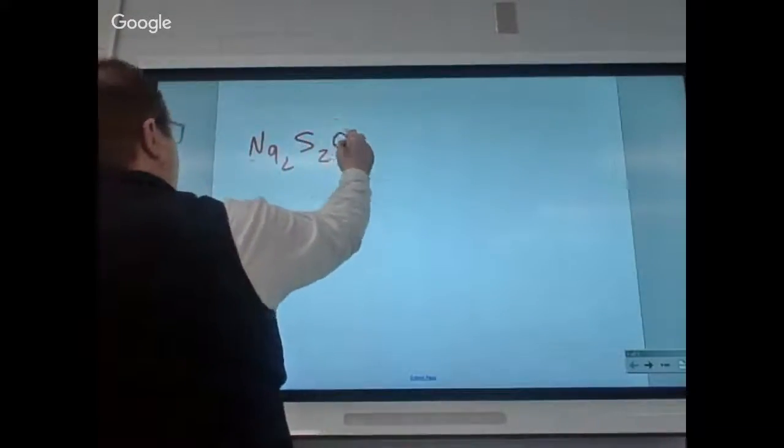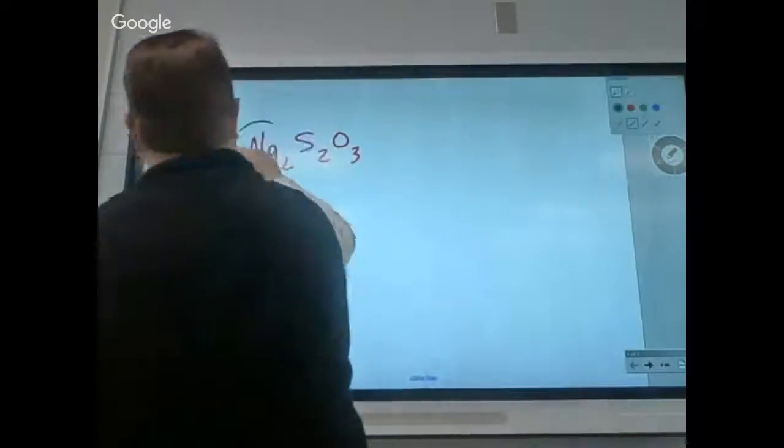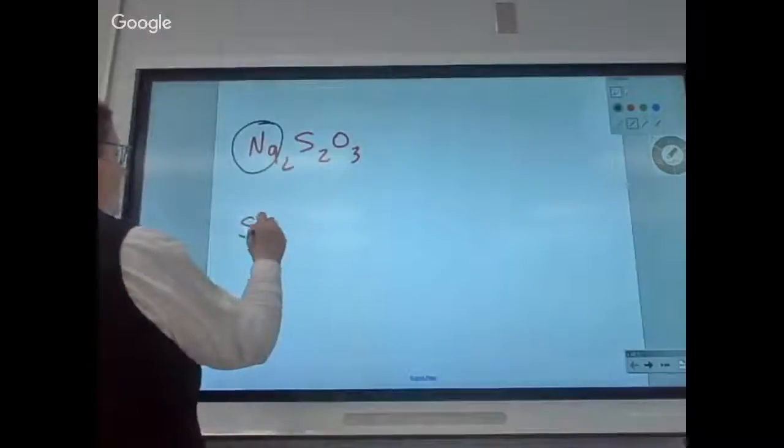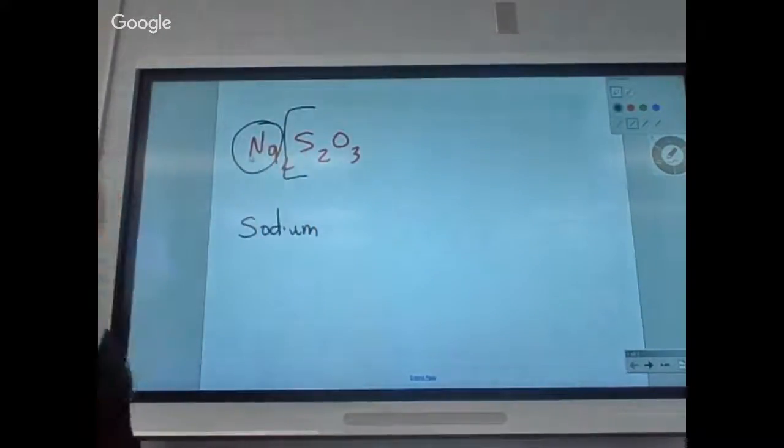Okay. So number 1. Number 1 says Na2S2O3. The first element is sodium. After you name the first element, you want to look up everything after that for one name.